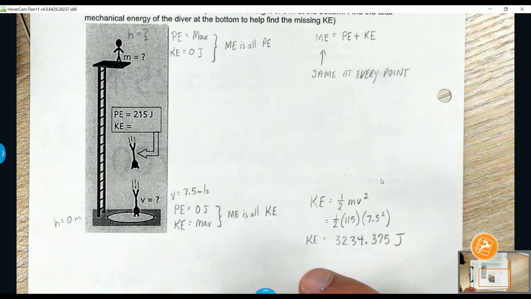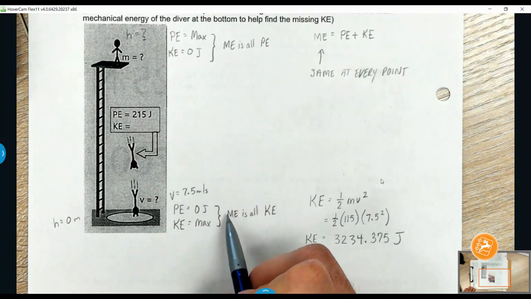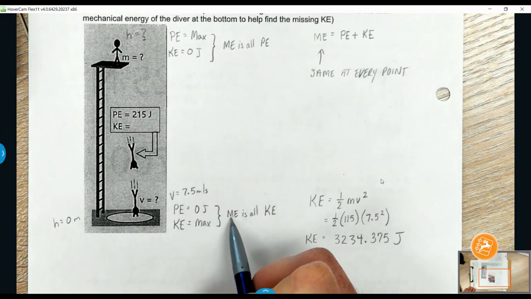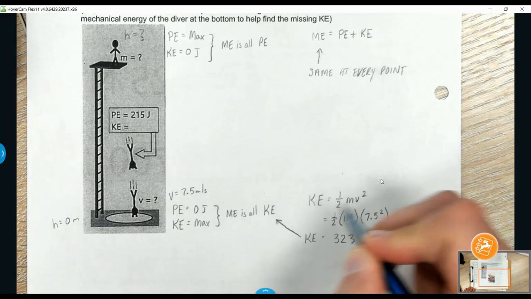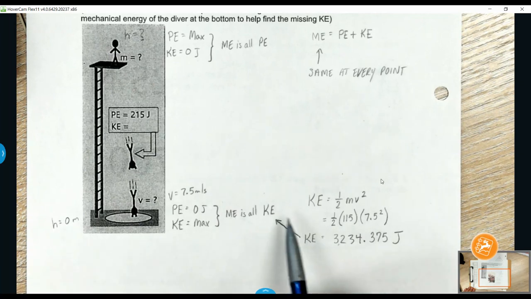So here, guys, look what I wrote. At the bottom, potential energy is 0 and the mechanical energy at this point is all of our kinetic energy. So if the kinetic energy at the bottom is 3,234.375, guess what?